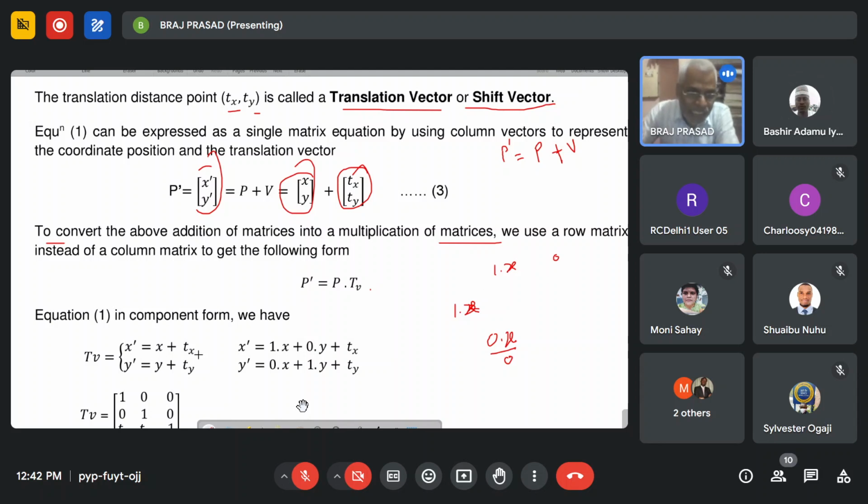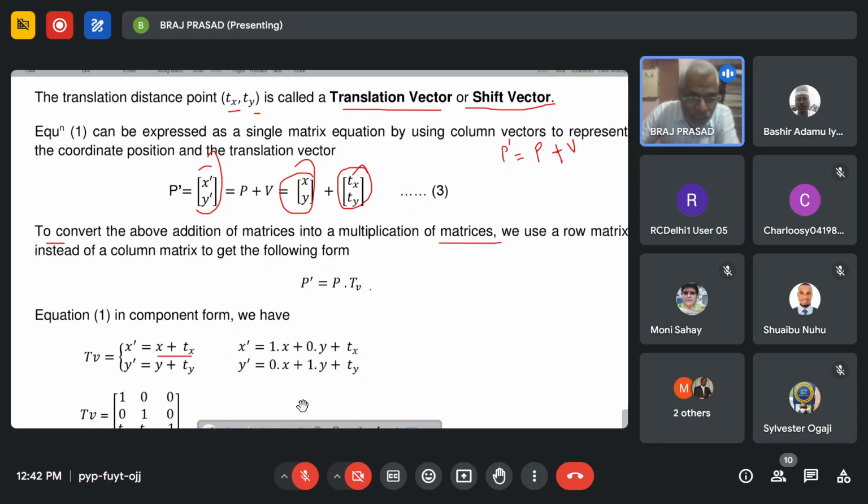So this x plus tx can be written in terms of x as 1 dot x, but there is no y, which means the coefficient of y is 0, plus tx.